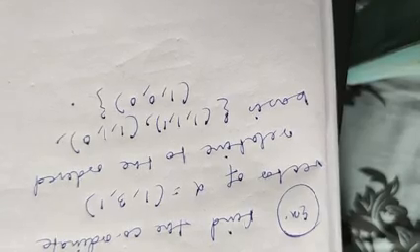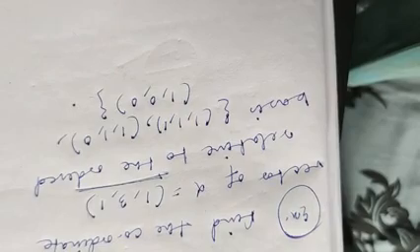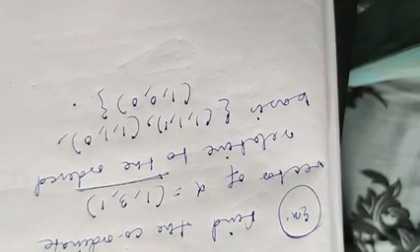This is our ordered basis and this is another vector alpha. We just need to find the coordinate vector of alpha.